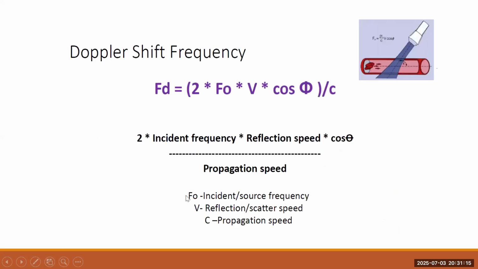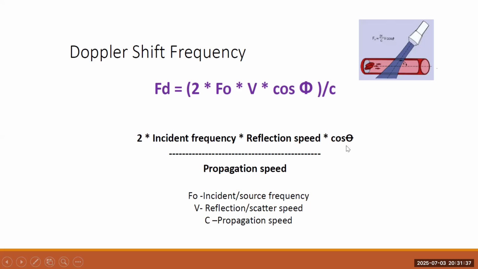Again, how does the machine, with its integrated algorithm, convert the reflected waves into velocities? This is what is called the Doppler shift frequency equation. The main thing we need to remember is the trigonometric function cos theta.